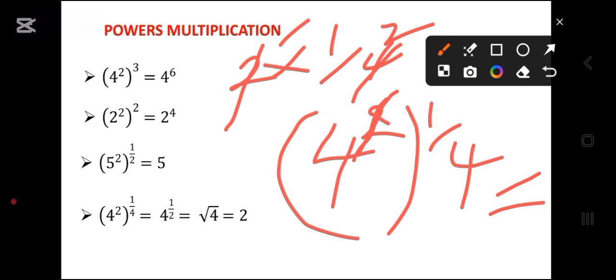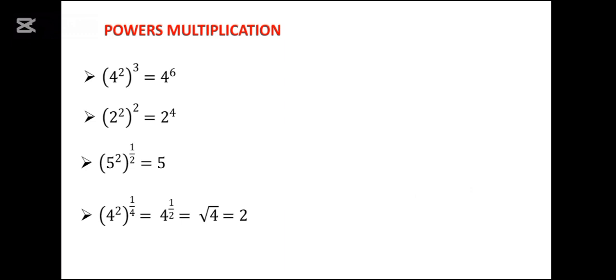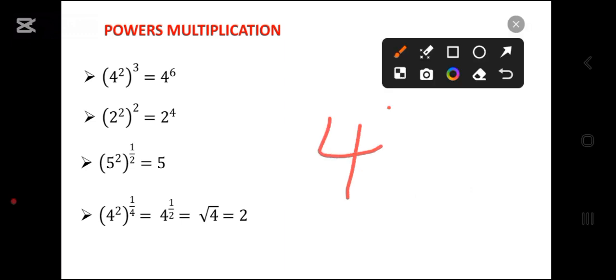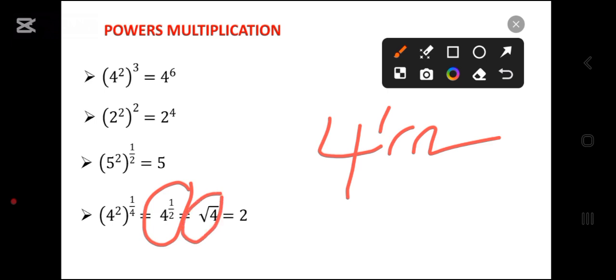We have 1 over 2. We have 4 raised to the power 1 over 2, which is here. Then 4 raised to the power 1 over 2, according to our fractional indices law, becomes the square root of 4, which gives us 2.